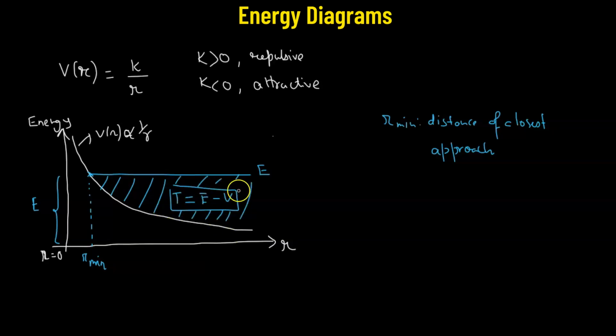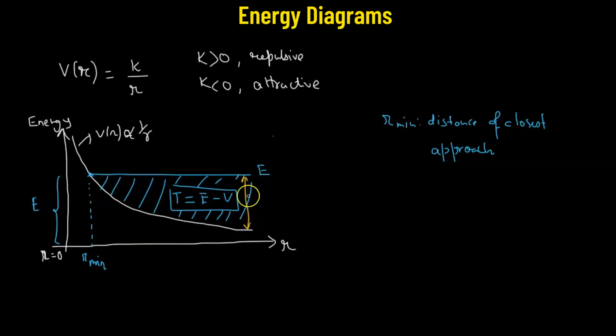Now we are considering a conserved system because this is the inverse square law force, so our system is conserved. So that means the energy is fixed. Now if we have some particle that is being shot towards the force center, then as it moves towards the force center, it is going to lose some kinetic energy, which is evident from this particular diagram.